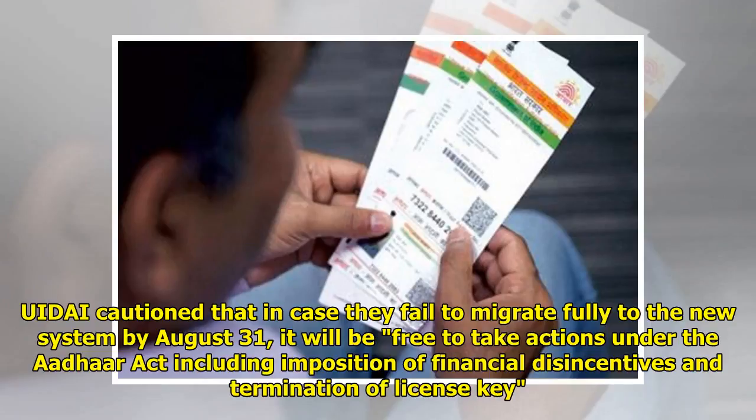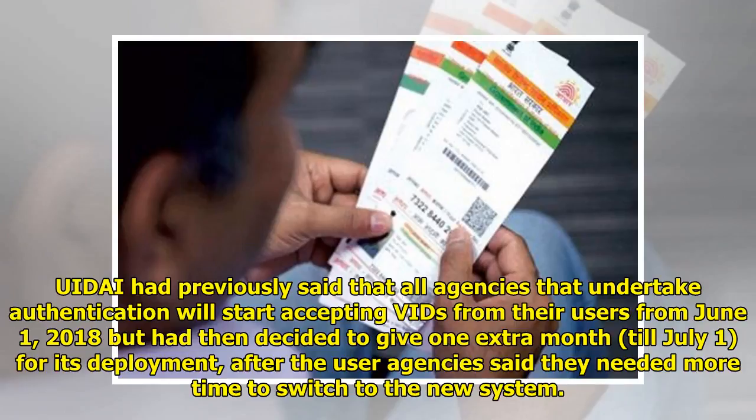UIDAI cautioned that in case they fail to migrate fully to the new system by August 31, it will be free to take actions under the Aadhaar Act, including imposition of financial disincentives and termination of license key. UIDAI had previously said that all agencies that undertake authentication will start accepting VIDs from their users from June 1, 2018, but had then decided to give one extra month till July 1 for its deployment, after the user agencies said they needed more time to switch to the new system.